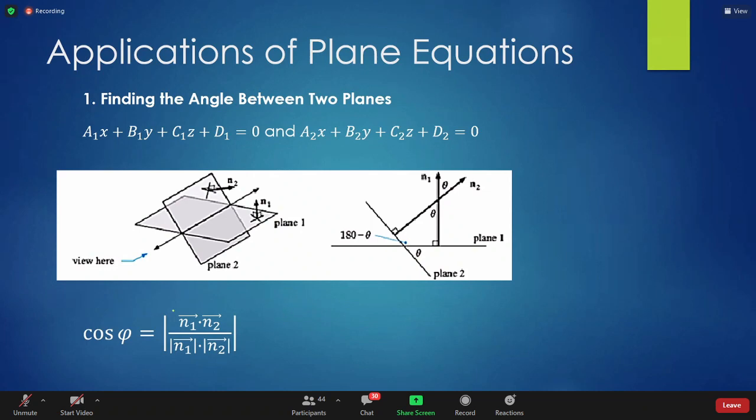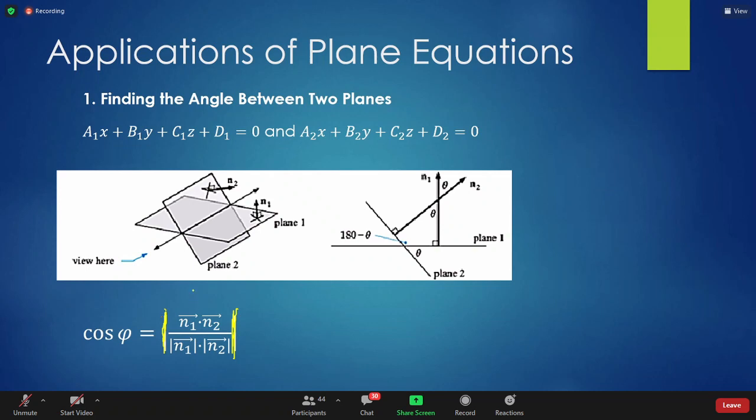And this is why we put this absolute value here again, because remember, if we have two angles on the same line, that actually means that the cosines are opposite values.